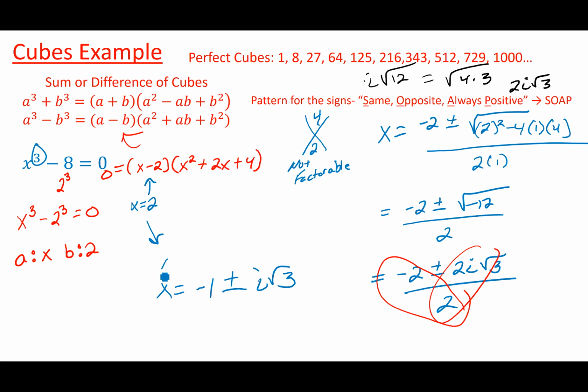And then also don't forget about your x equaling 2 from the beginning. So my three solutions are 2, negative 1 plus i root 3, and negative 1 minus i root 3. I have three solutions there.